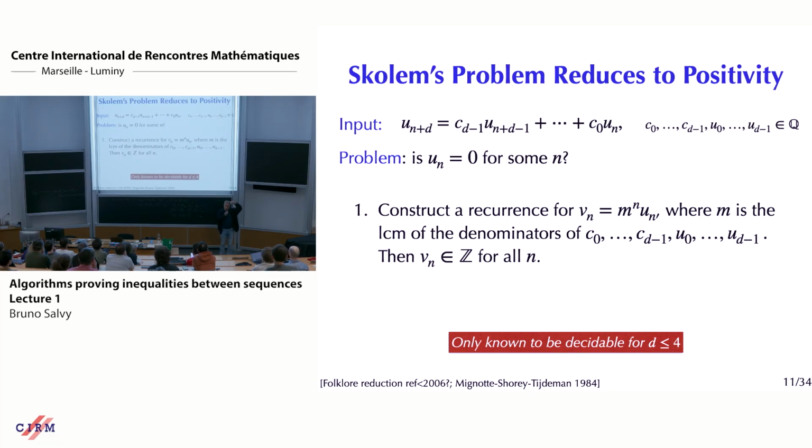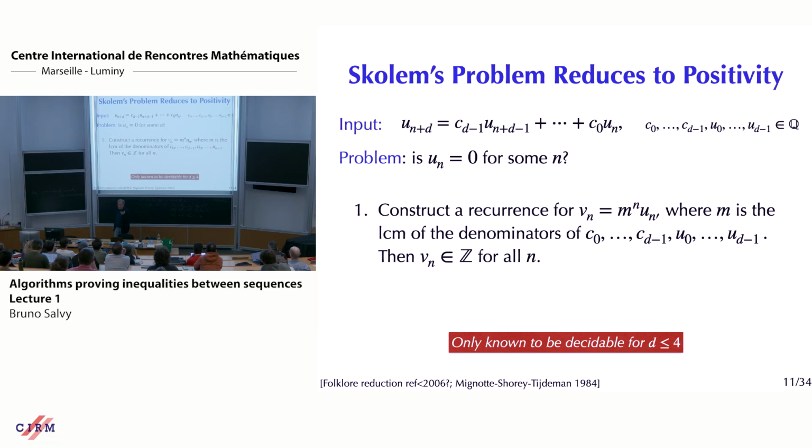By closure, m^n is a solution of a recurrence of order 1, so you get a linear recurrence for this sequence. So you get a recurrence for this sequence v_n by just the product of 2 solutions of recurrences. And now you have a sequence of integers. And it's 0 if and only if u_n was 0.